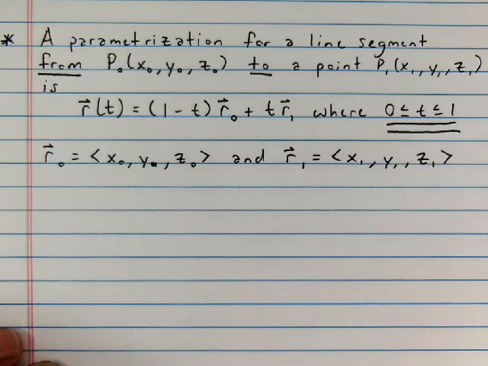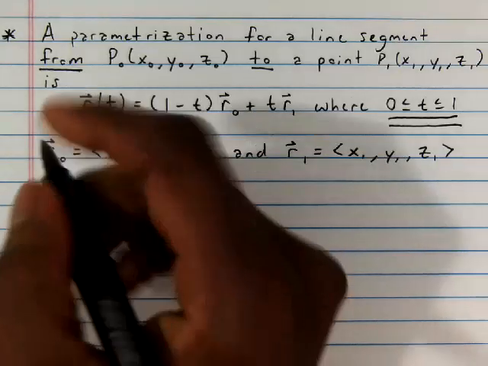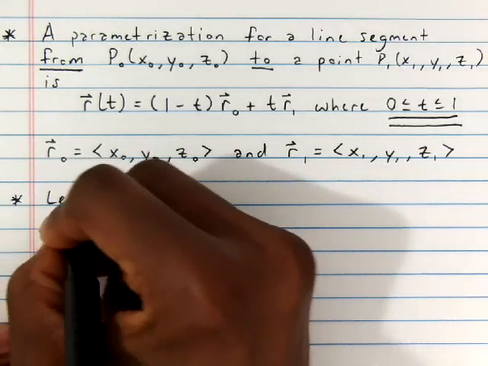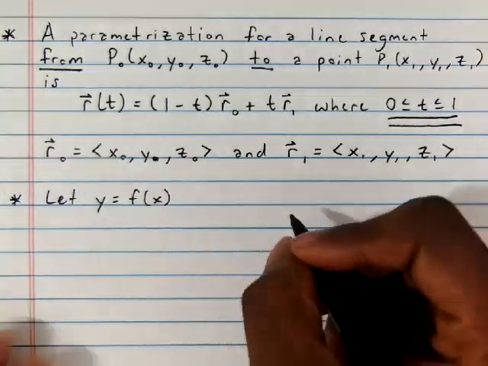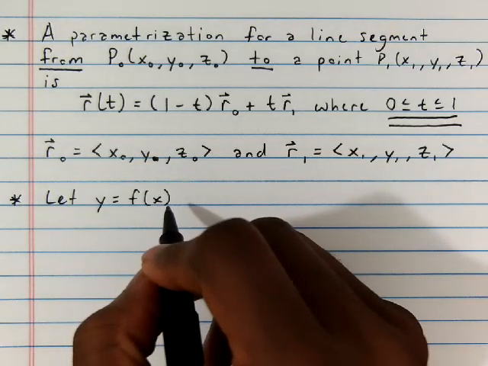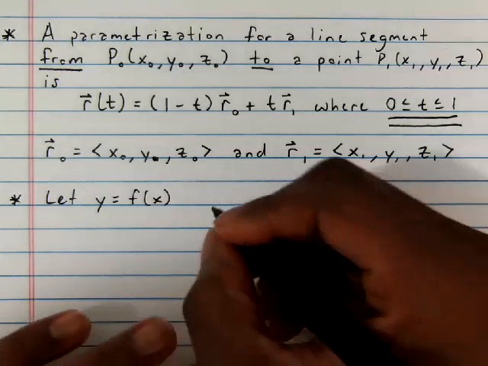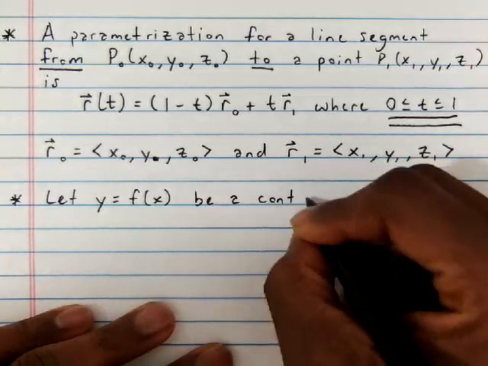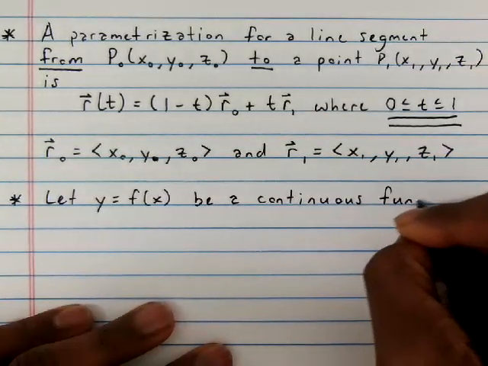All right, so next we let y be equal to f of x. So now we're just working in 2 dimensions here. So this is what we were accustomed to seeing in courses before Calculus 3. Be a continuous function.